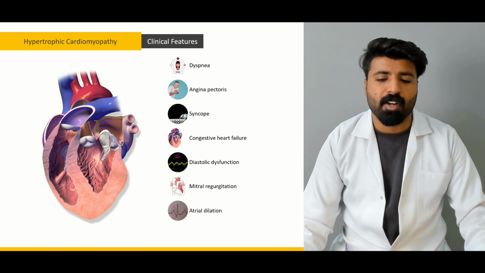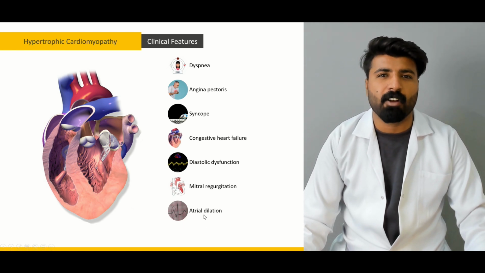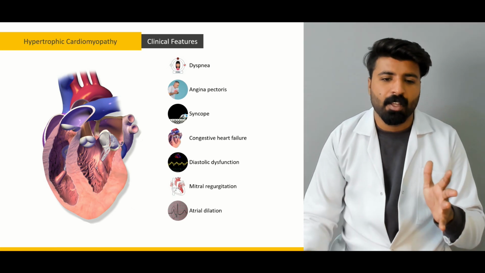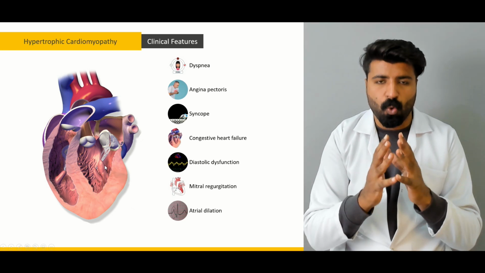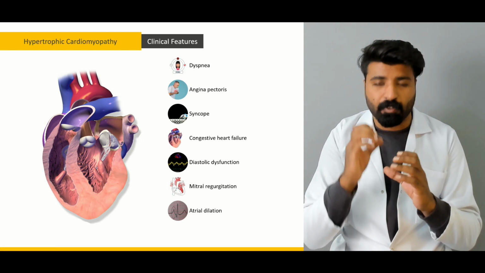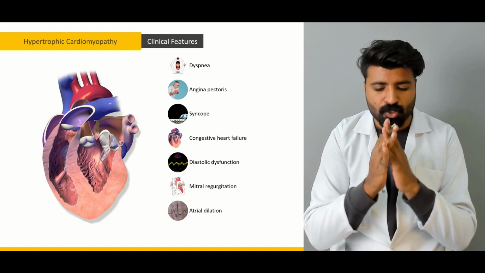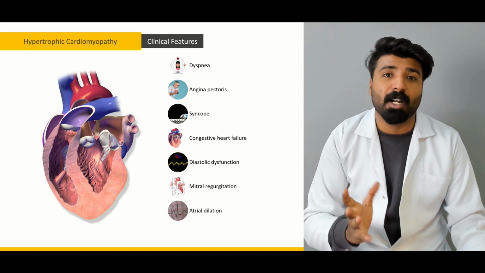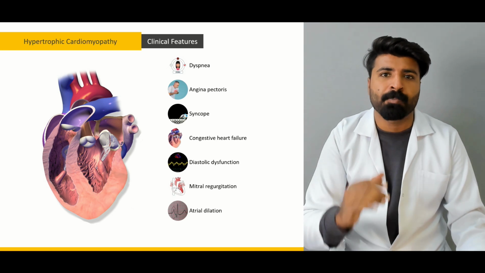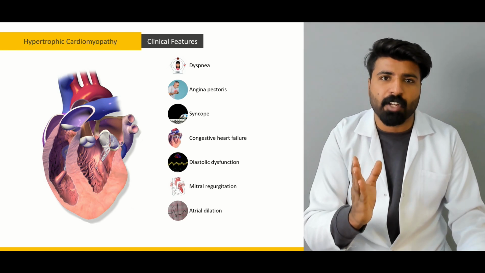Next on we have atrial dilation. Why are we having atrial dilation? Atrial dilation is happening because, as you can see in this slide, the left ventricle is so decreased. The chamber of the left ventricle is so shallow now that it cannot contain all of that blood. So mitral regurgitation happens and that blood goes back to the left atrium.